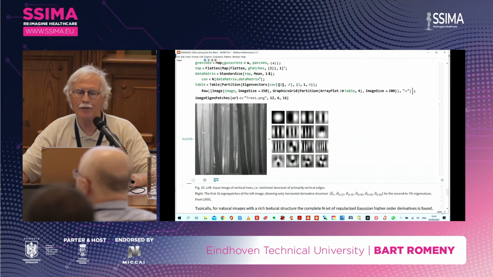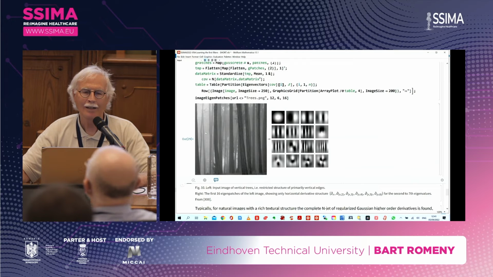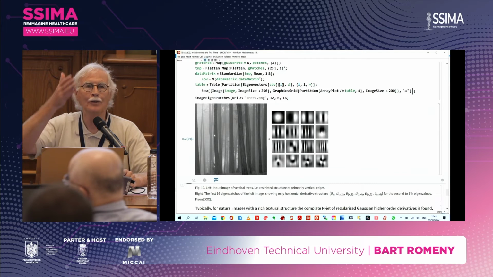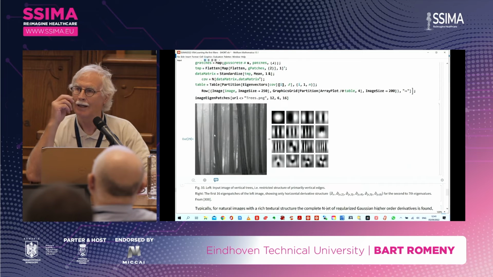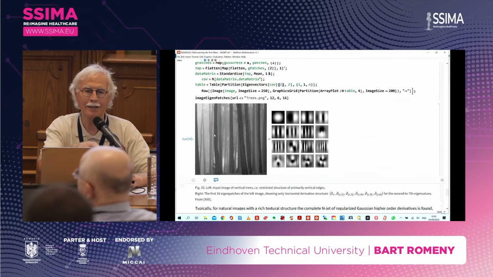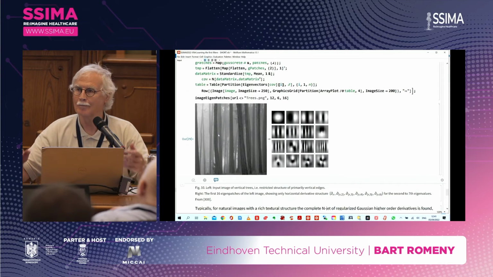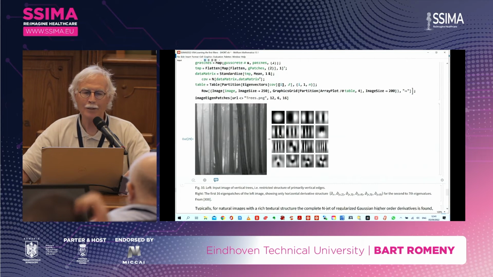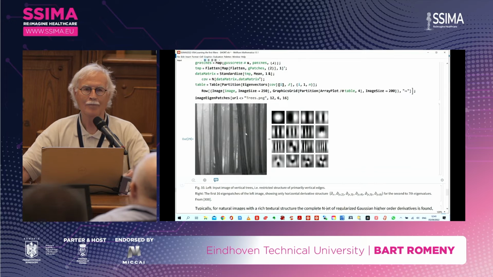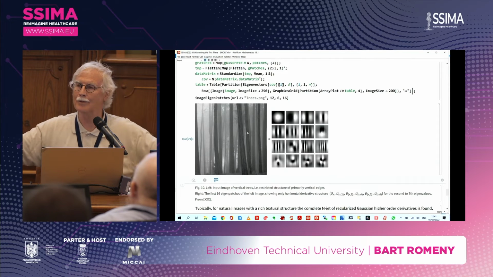If I take an image of a forest, and in this image I have only vertical lines. So now I did exactly the same. So the code above is making this principal component analysis, and now I get different filters. So this was an animal that lives in only horizontal stripes.